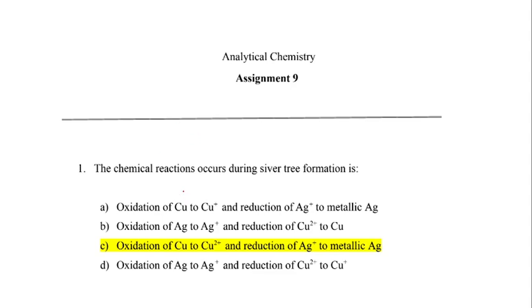So simply, when Ag plus converts into Ag, in reduction it will give some energy, whereas when copper converts into Cu plus 2, it will also give some energy.